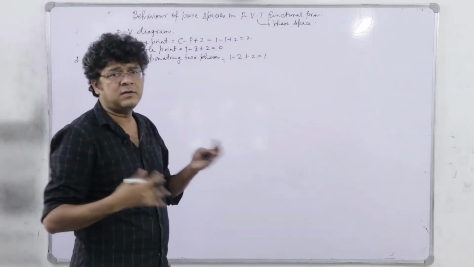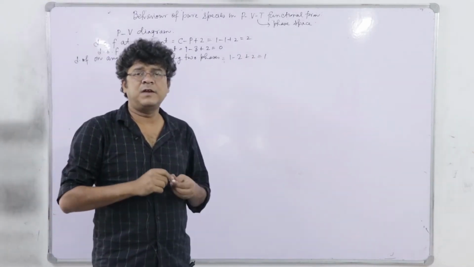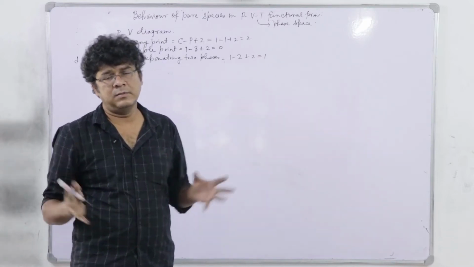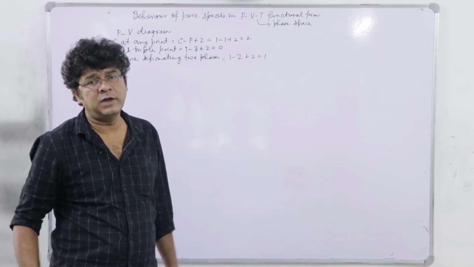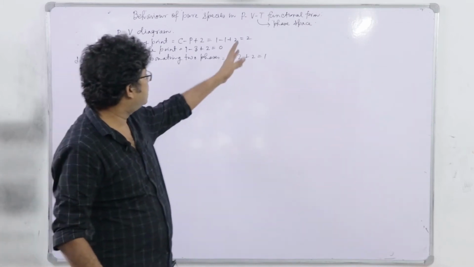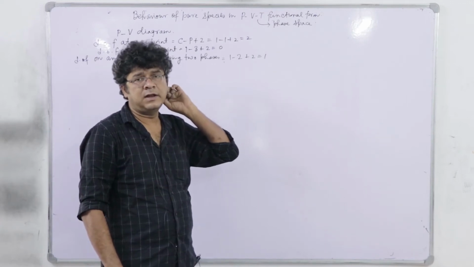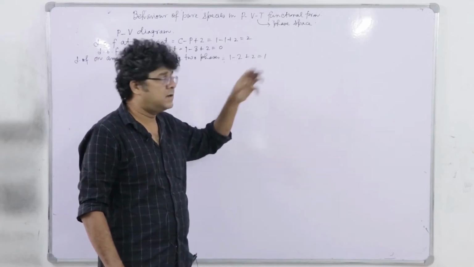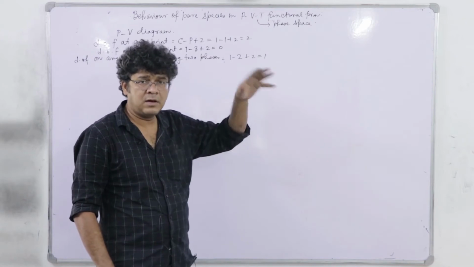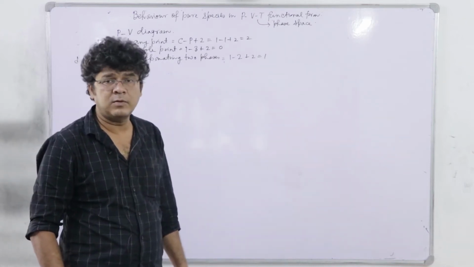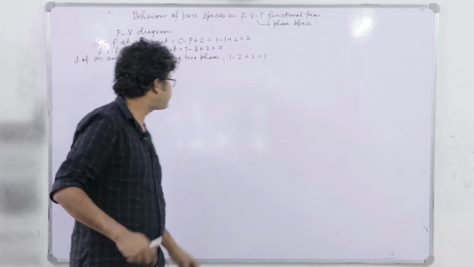So, it continuously goes on changing. So, if it is any arbitrary point in this PVT space, it has got 2 degrees of freedom, whereas if it is a point on the line of phase change, it has got degrees of freedom equal to 1, right.